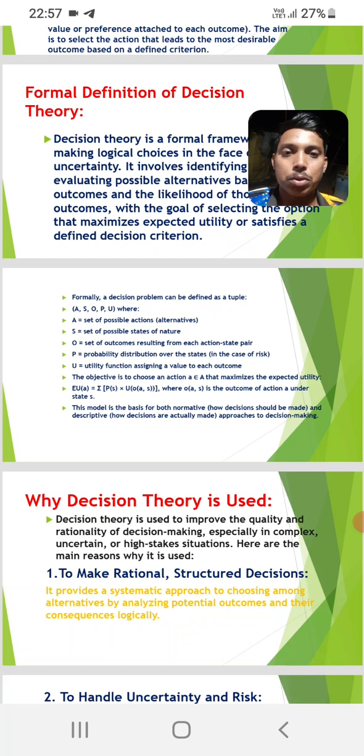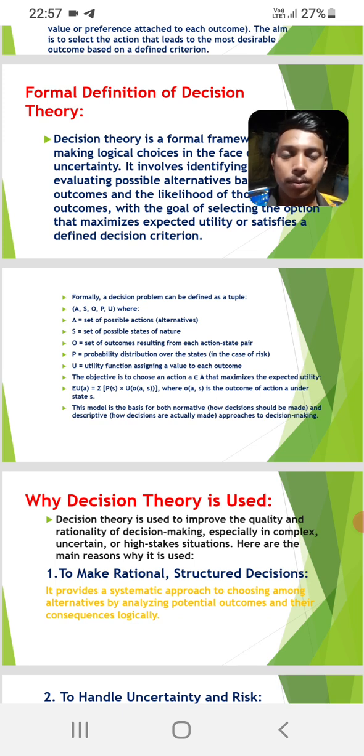The objective is to choose an action alpha that maximizes the expected utility, the summation. This model is the basis for both normative, how decisions should be made, and descriptive, how decisions are actually made, approaches to decision making.